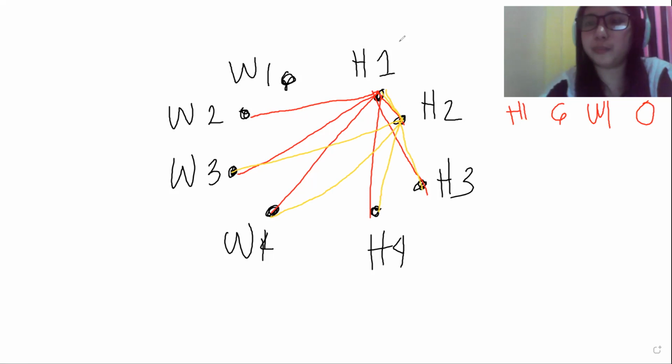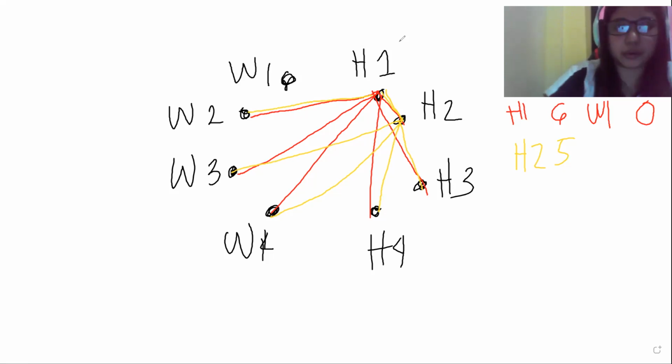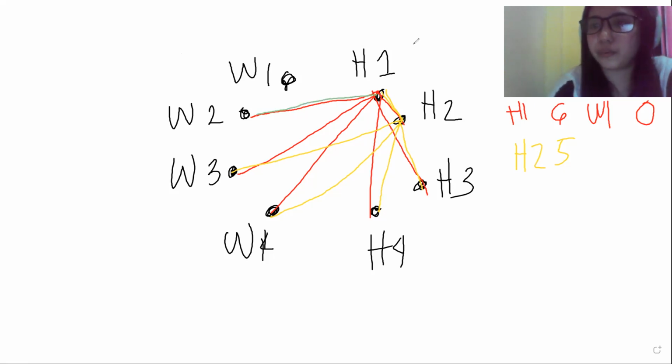So how many connections or handshakes? We have 1, 2, 3, 4, 5. While for wife 2, let us use another color to represent that. So for wife 2, it is 1.